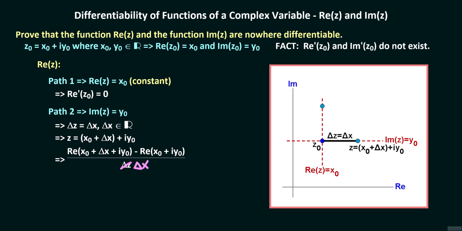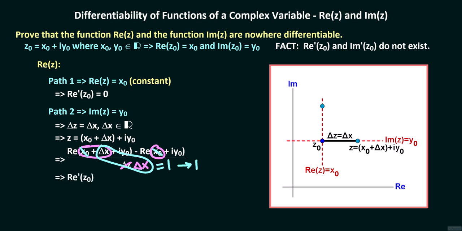The real part of x sub 0 plus delta x plus I times y sub 0 is x sub 0 plus delta x. The real part of x sub 0 plus I times y sub 0 is x sub 0. X sub 0 cancels out, so that the difference quotient equals delta x over delta x, which equals 1, so that the limit of the difference quotient as delta z tends to 0 along this path is 1.